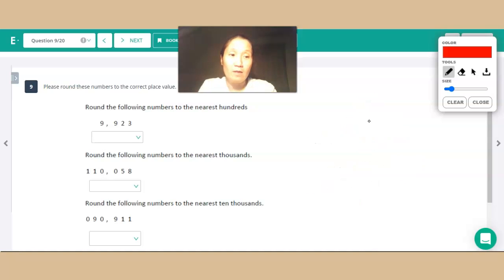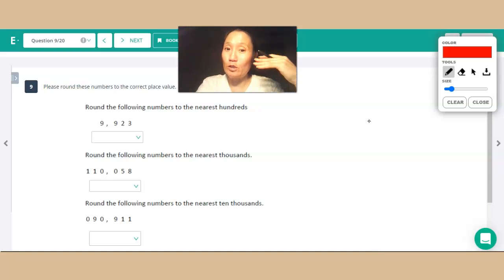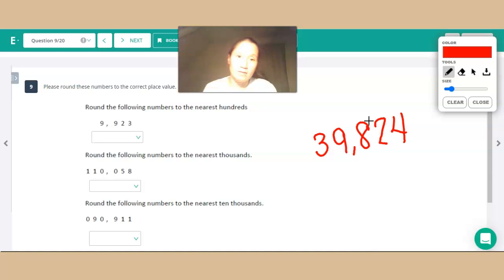Okay? Now, it gets really tricky when you have numbers that move up and cross into and become a whole new number. They transform. So let's look at 39,824.